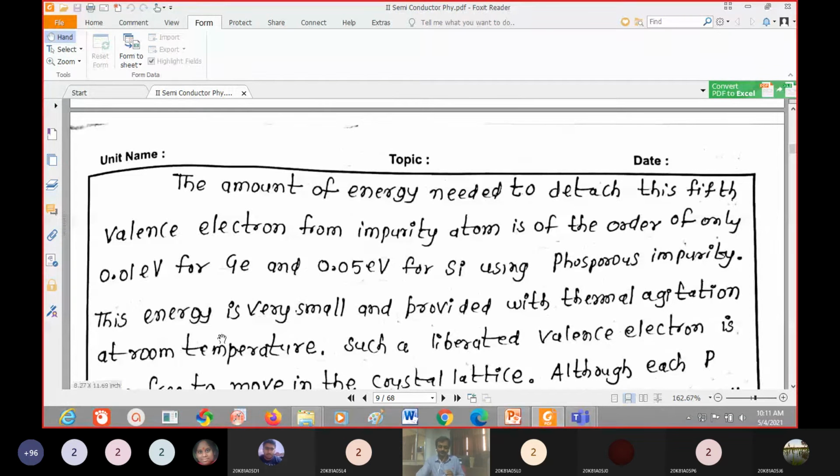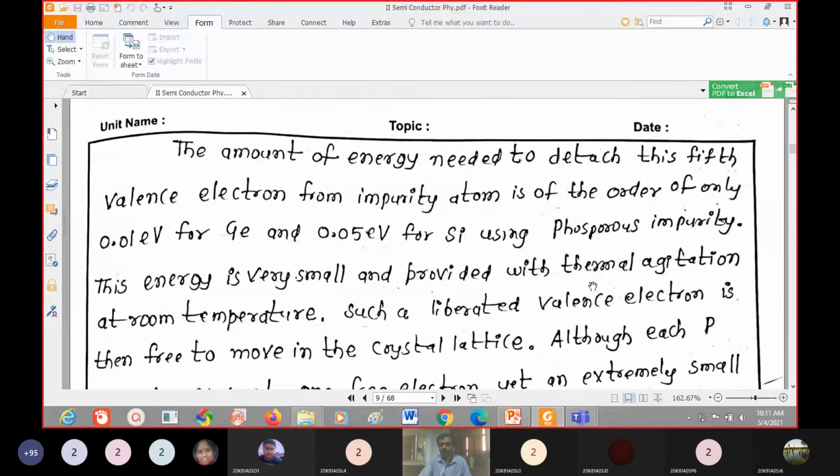Now the amount of energy needed to detach this 5th valence electron from the impurity atom is of the order of only 0.01 electron volt for germanium and 0.05 electron volt for silicon, here using a phosphorus impurity. Previously we discussed that this energy is very small and is provided by thermal excitation at room temperature.